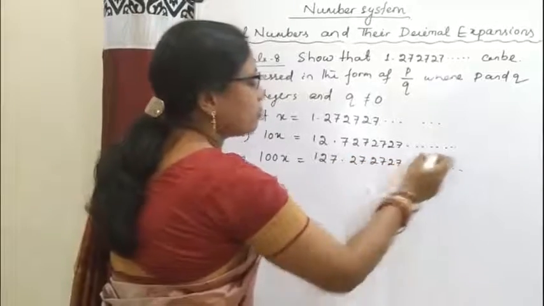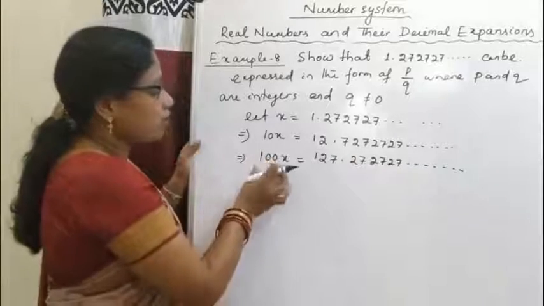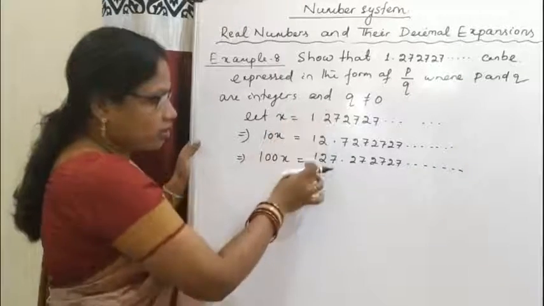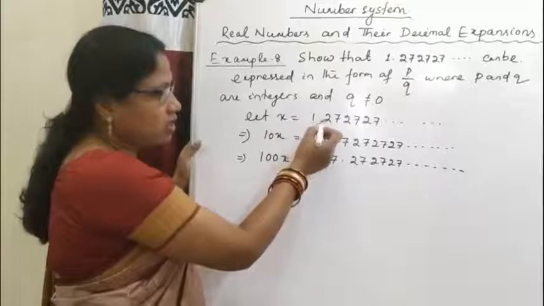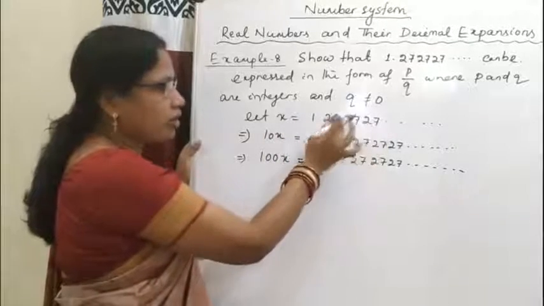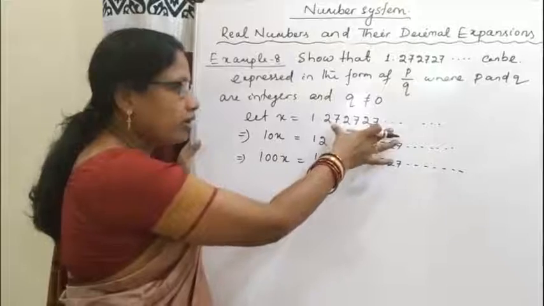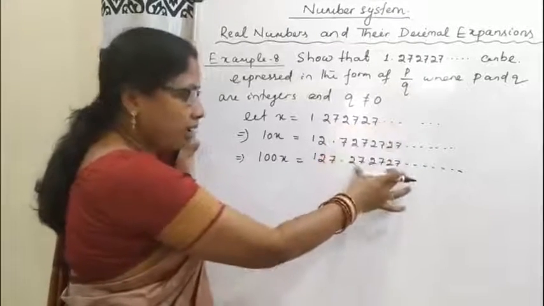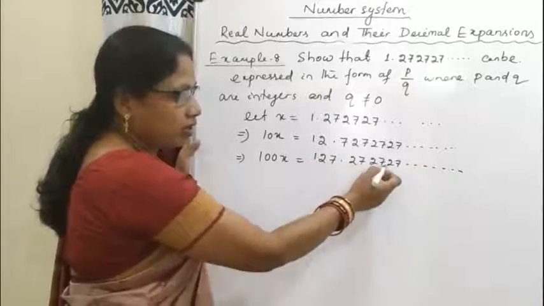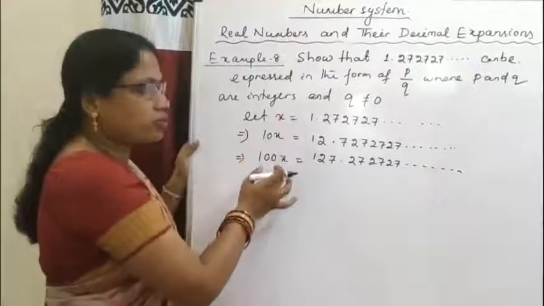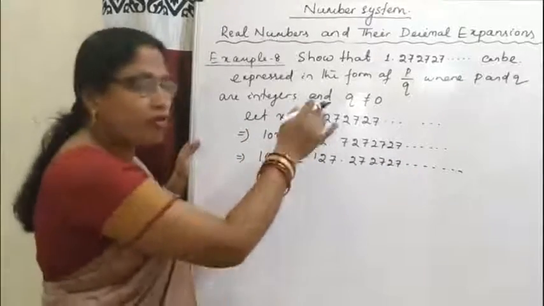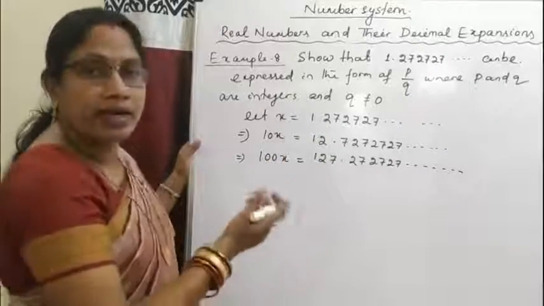127.272727 up to infinity. So here the 100x and x, compare these two decimal numbers. The digits after the decimal point are the same as here. So we can subtract x from 100x to get an integer.